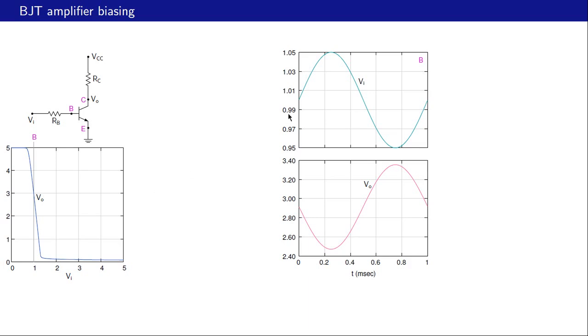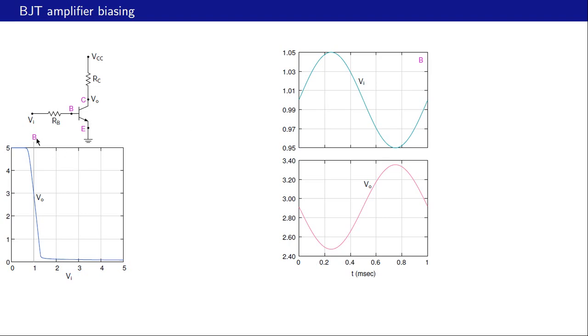Here are the Vi and Vo graphs which explain how amplification happens in this circuit, the same circuit as the one in the last slide. What is the input voltage waveform here? There is a DC component of about 1 volt.